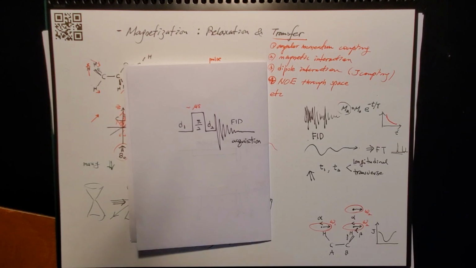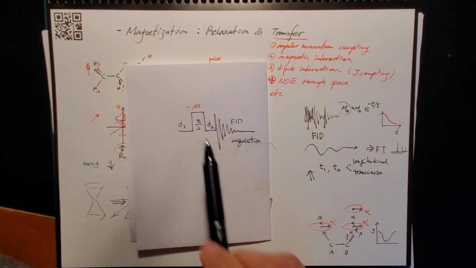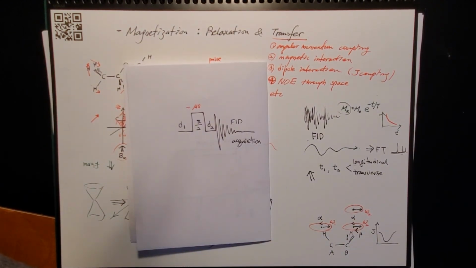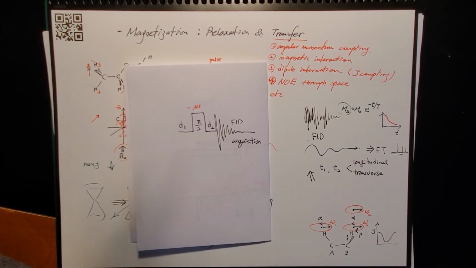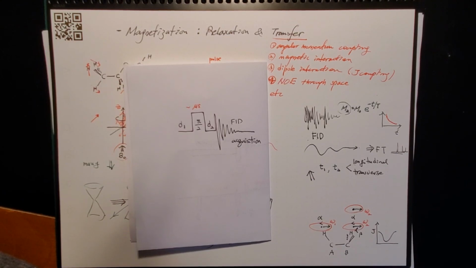Typically for hydrogen atoms, to have a 90-degree rotation of most of the atoms, it takes a couple of microseconds. And then you can repeat this hundreds of times, as you can see, in just a few minutes.